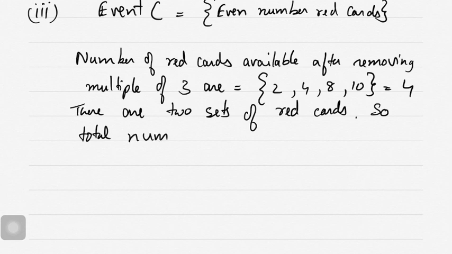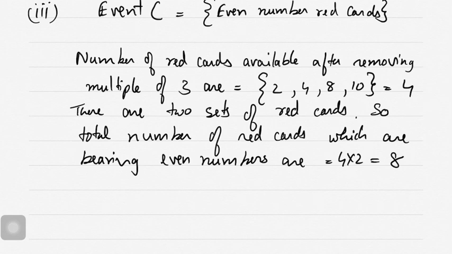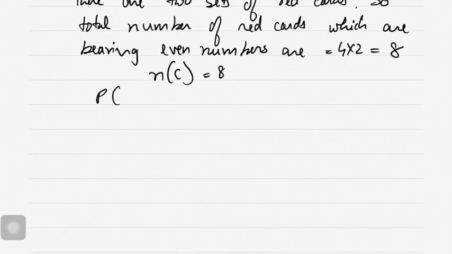So total number of red cards which are bearing even numbers are 4 into 2, which is 8. So n of C is equal to 8.